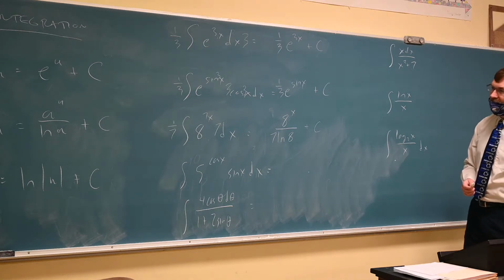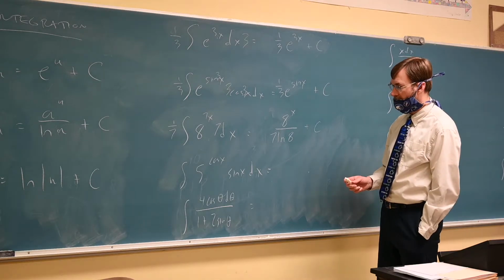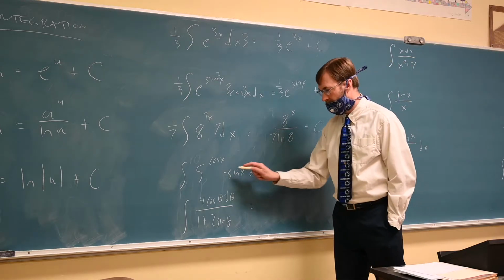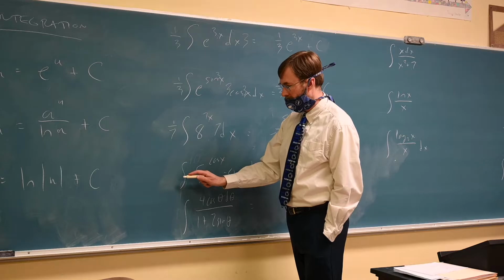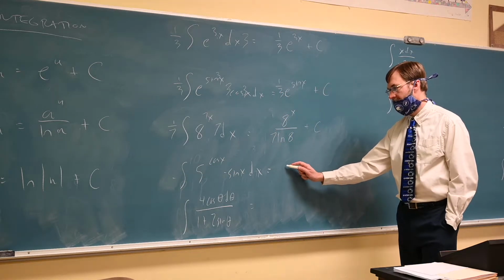Next one, is the derivative of the power present? No, not quite. What do we need? A negative. And we pay for that with another negative. So this answer would be negative.